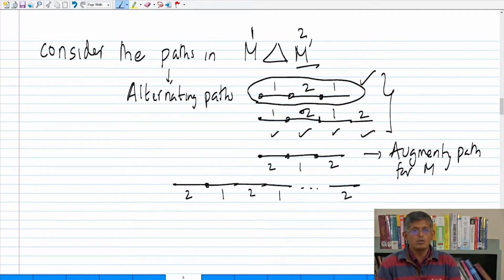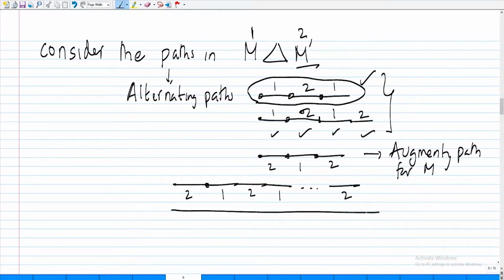Otherwise, you will come to a contradiction to the starting premise that M prime had more edges than M. So one such path will definitely be there. This is our M augmenting path. This is a contradiction that M did not have an augmenting path. Therefore, M should have indeed been a maximum cardinality matching.